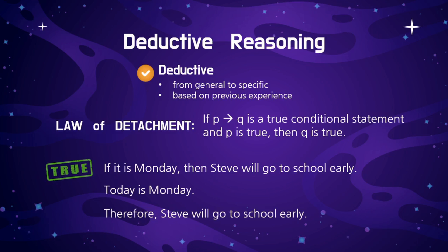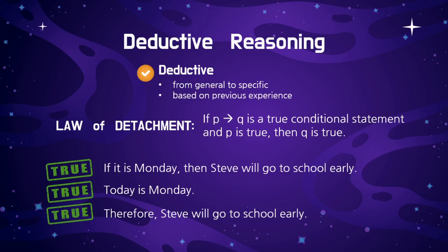We are simply stating a fact that tuwing Monday, si Steve maagang napasok. So, wala nang counter-example dyan that will prove that this is false. And then, yung ating P, which is it is Monday, kapag napatunayan natin na it is true, nag-check tayo sa calendar na, yes, it is indeed Monday, okay, then we could arrive at the conclusion na yung Q ay totoo. So, therefore, Steve will go to school early.